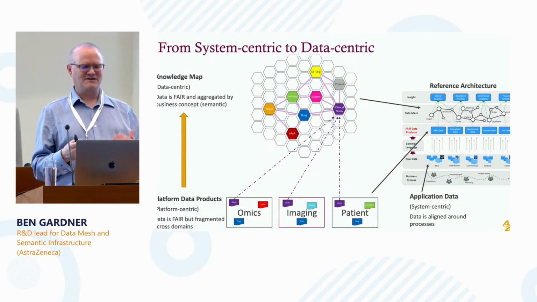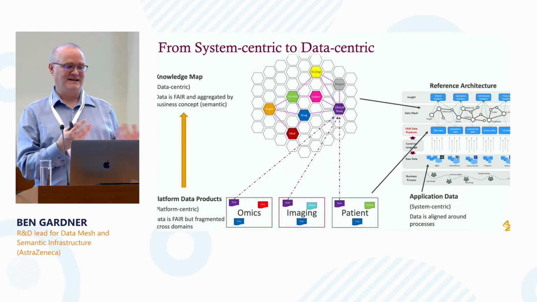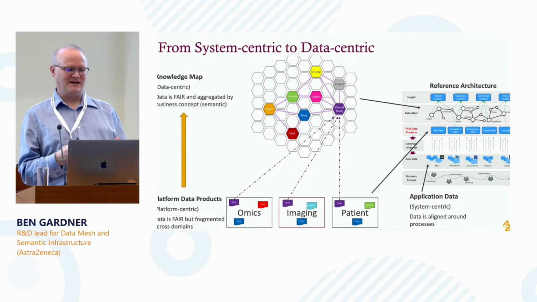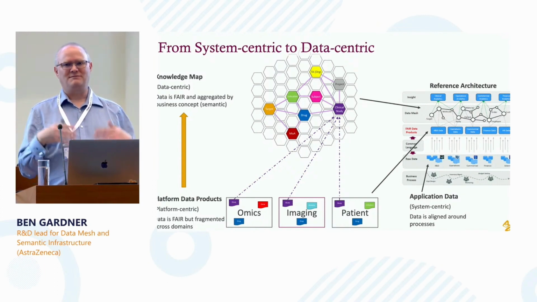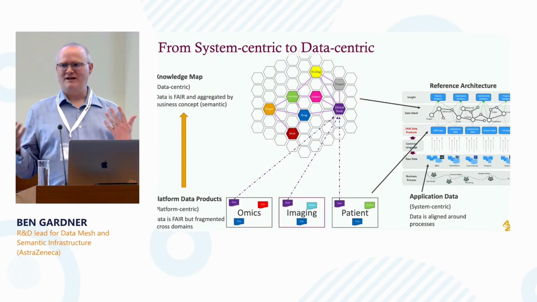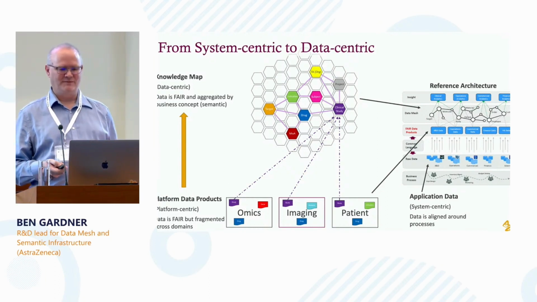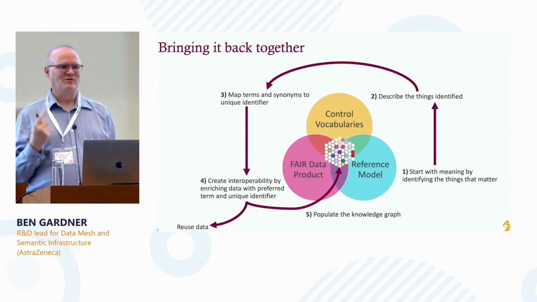So we've transformed ourselves from that application-centric to now representing the data in a data-centric, or maybe more correctly, a science-centric fashion, and we're using the terms and the preferred labels of the scientists now in that data, so they can ask their questions and explore that information space. So this is bringing it all back together.